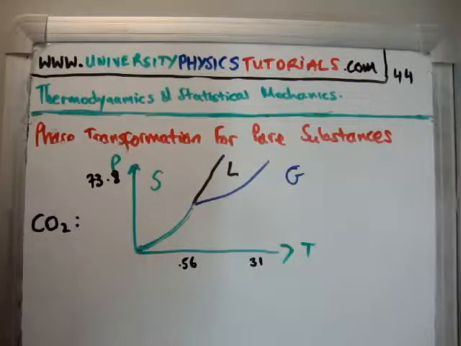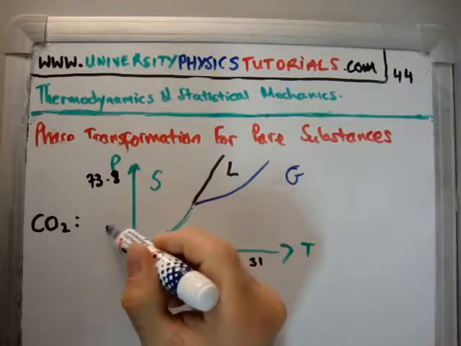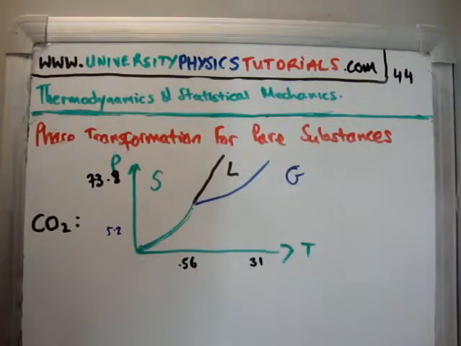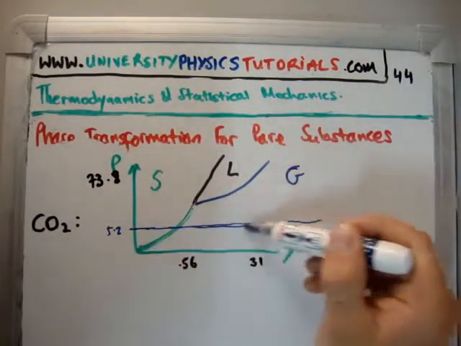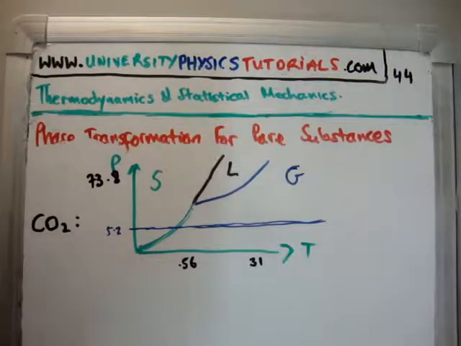Now let's look at atmospheric pressure. Let's say atmospheric pressure is about 5.2 bar. So if you step outside your room and you had CO2, that's the pressure at which you'd have CO2.